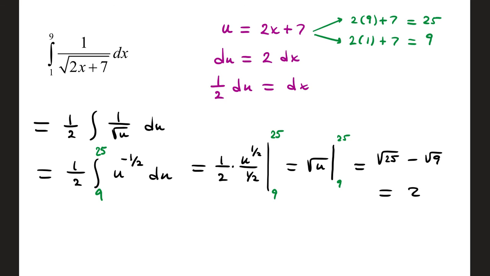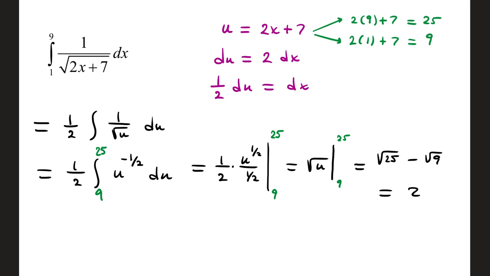As a reminder, when you switch from the variable x to the substitution variable u, these upper and lower integral limits have to be filtered through your substitution. So the top number 9, 2 times 9 plus 7, that's 25. Our lower number 1, 2 times 1 plus 7, that's 9. So 25 and 9 are your new upper and lower integral limits.